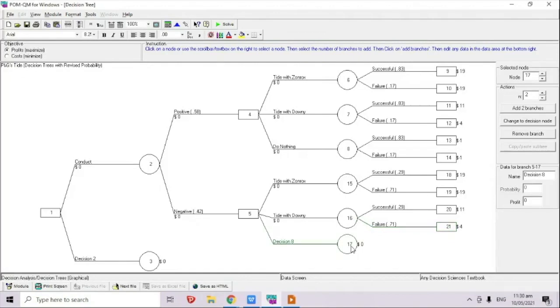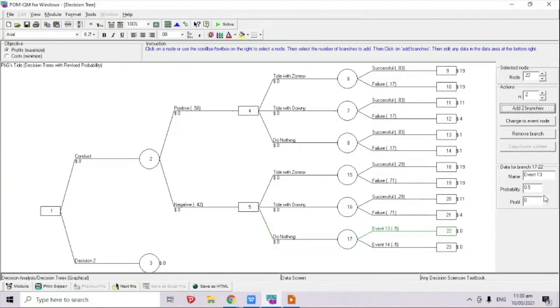Okay, lastly, we have the do nothing. So, do nothing. And branch again into 2, successful and failure. Successful, the probability is 0.29. And we have -1 as the payoff. Actually, this is 0, originally 0.